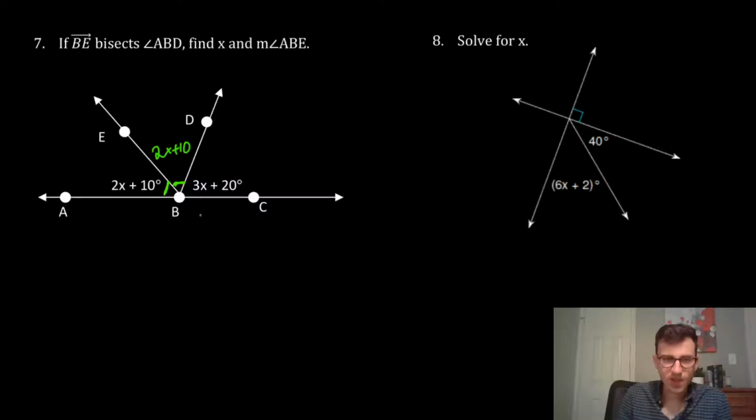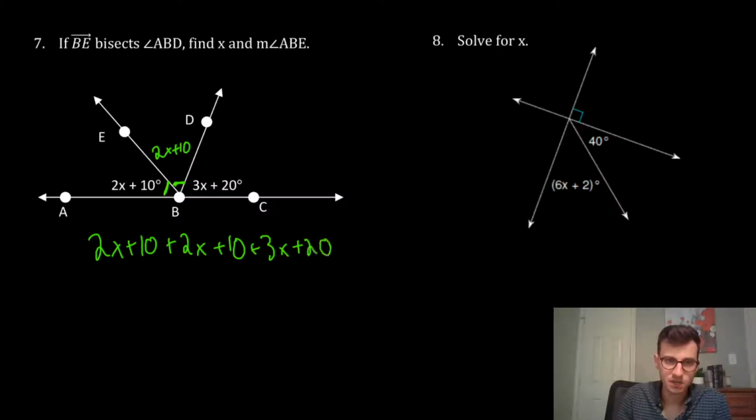This is a straight line. If it looks like a straight line, you can assume it is. Okay. So then all of these add up to 180. 2x plus 10 plus 2x plus 10 plus 3x plus 20 is equal to 180. Let's combine like terms. 2x, 2x, 3x.